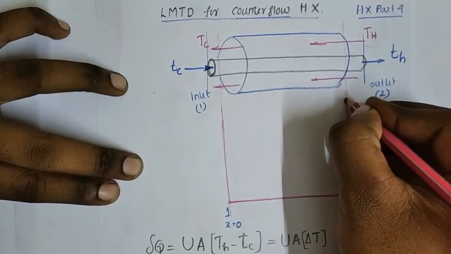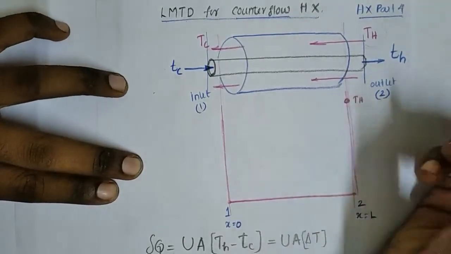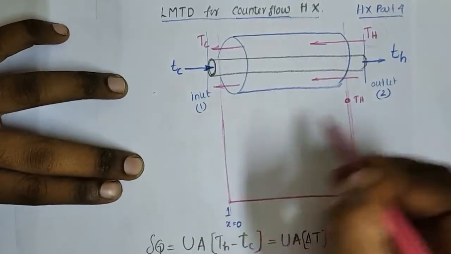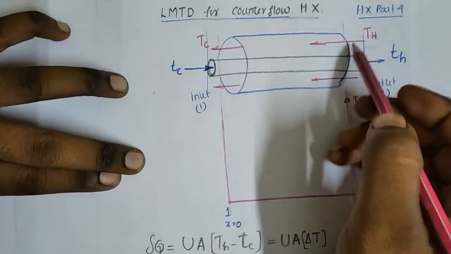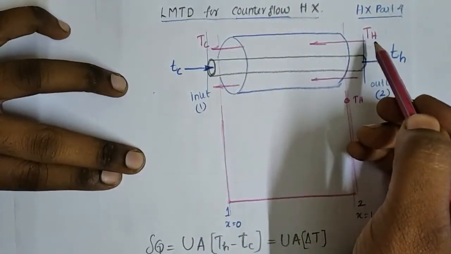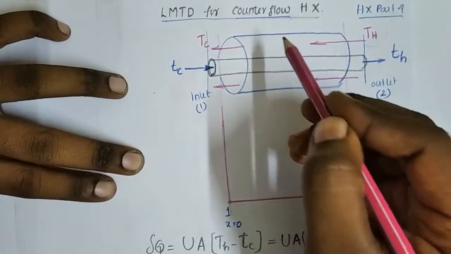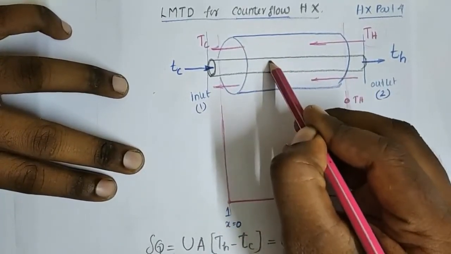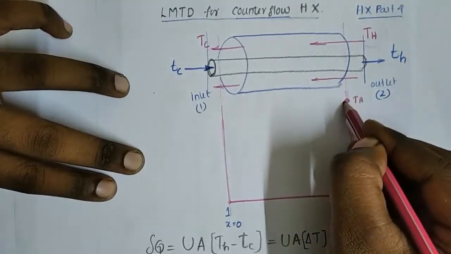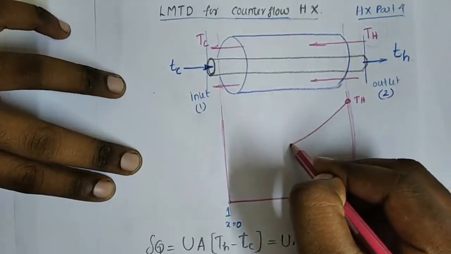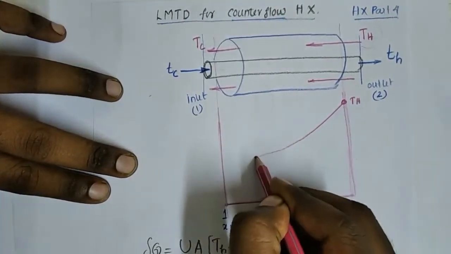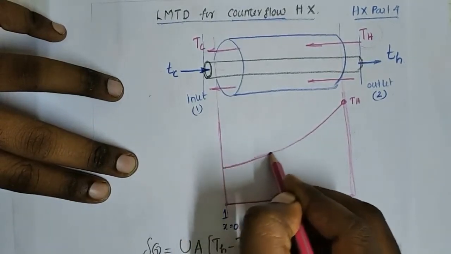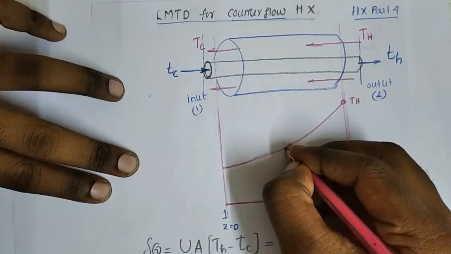That means somewhere here TH is very high. As it flows along the length, the temperature goes on decreasing due to the exchange of heat between the hot fluid and the cold fluid. Hence, if it flows in this direction, the length goes on increasing. This is the direction.